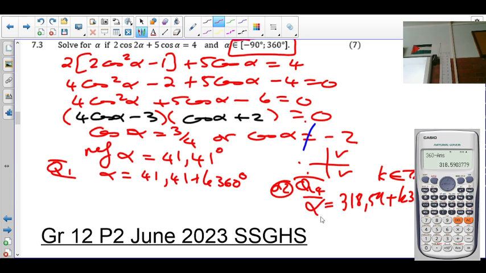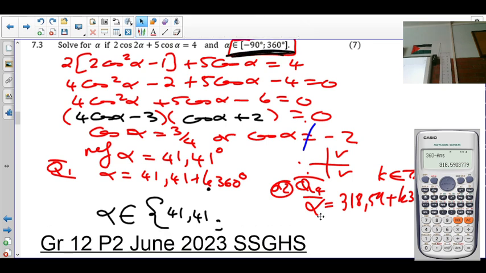So what do I say? So now we need to list. So alpha is an element of. So we go with the first branch. We put 0 where we see k. We get 41,41. And that is within the given domain here. If I'm going to go with k being 2, or 1, sorry, it will give you a value over 360, which I'm not interested in.